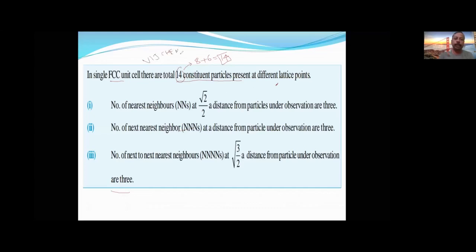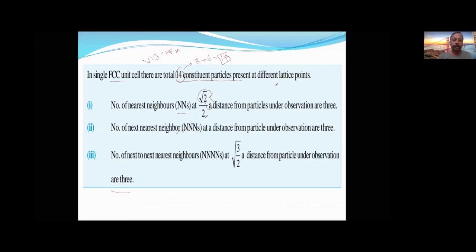In these 14 lattice points, let us see the number of nearest neighbors. The nearest neighbors are at the mid of the face diagonal. A root 2 is the face diagonal and it is the mid of the face diagonal, that's why it is root 2 A by 2.